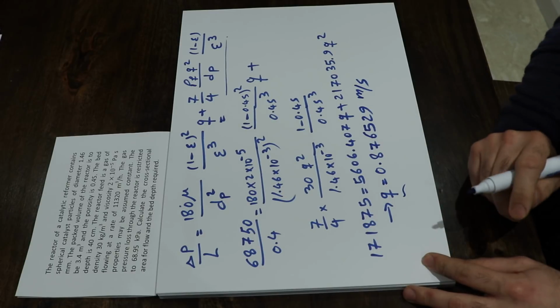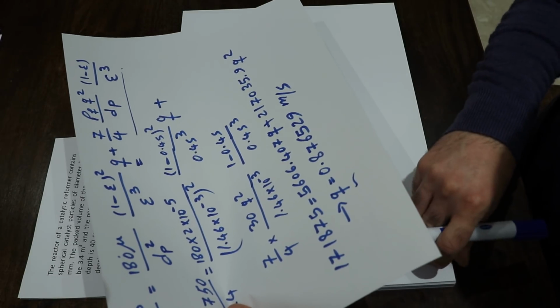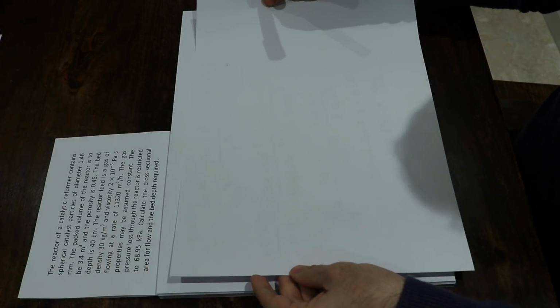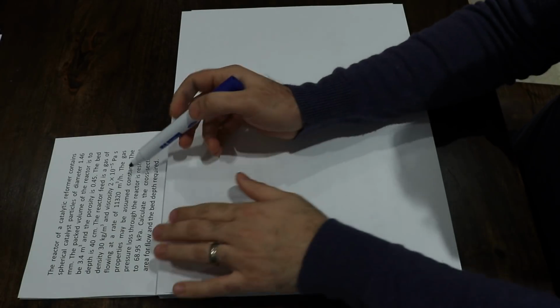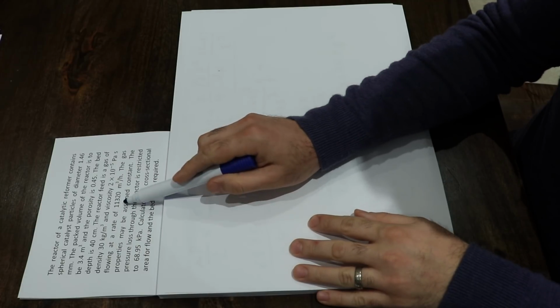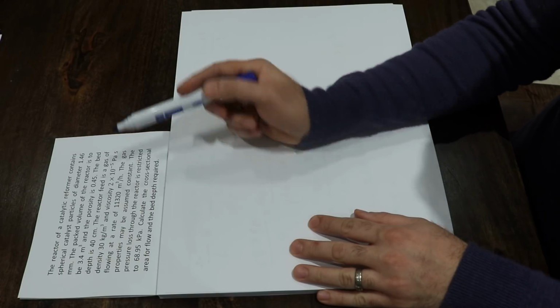So here you have the Q value, okay? Now you know the volumetric flow rate, which is actually given here, that is 11,320 cubic meter per hour. That is the volumetric flow rate.